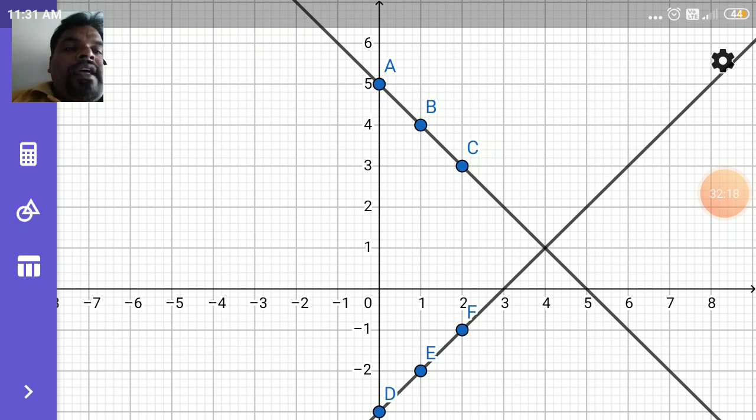Now these two lines intersect at the point whose x coordinate is 4 and y coordinate is 1. Therefore, the solution of these two equations is 4 comma 1.